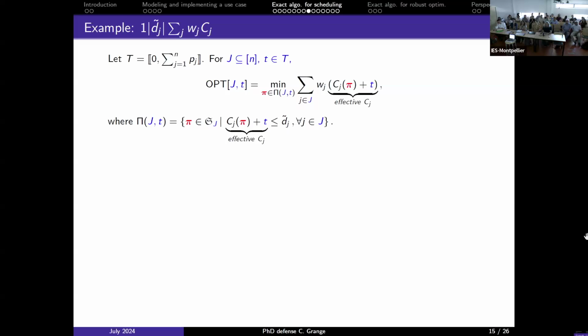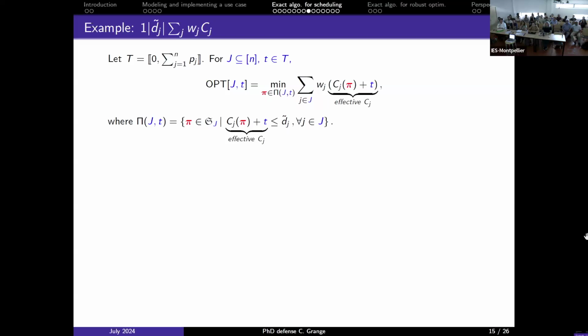But here, in this case, the completion time is the completion time of the initial scheduling plus the starting time of the permutation. So we shift all the jobs by T, which is the starting time of the scheduling. And also in the constraints, it appears the same effective completion time.